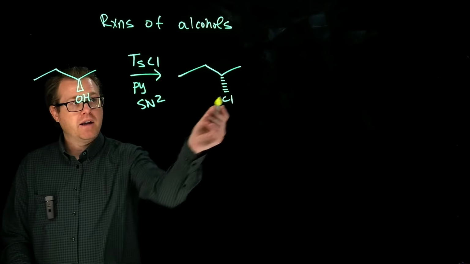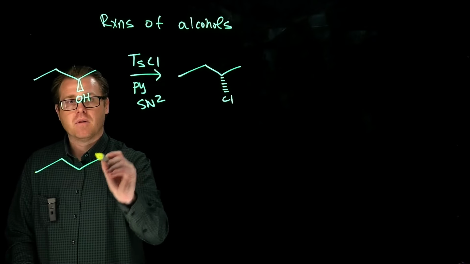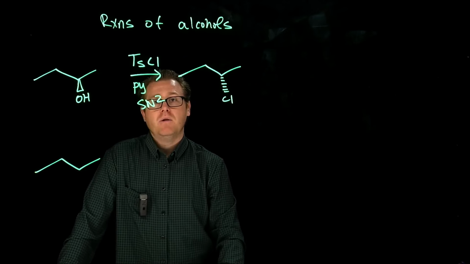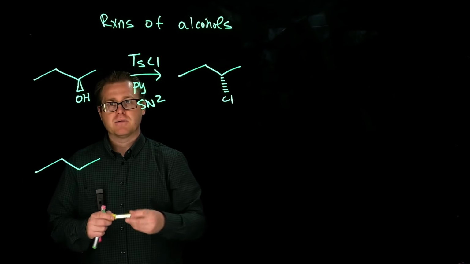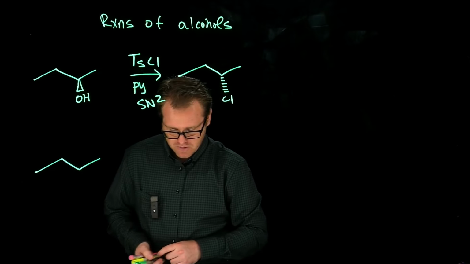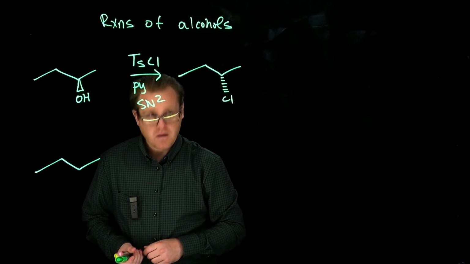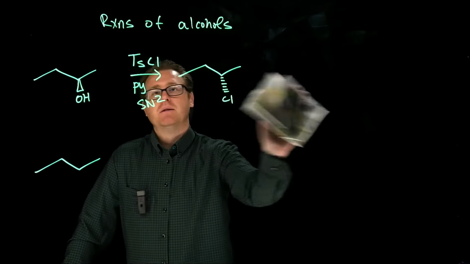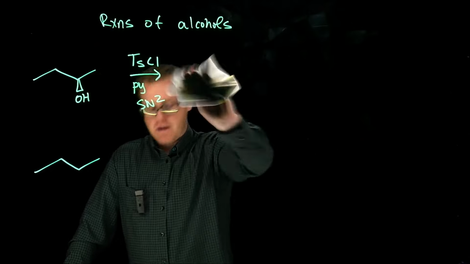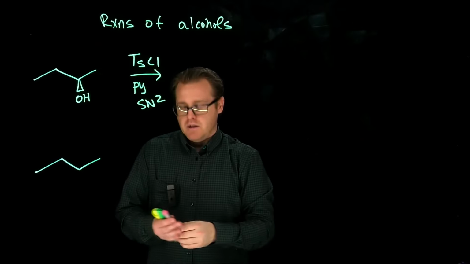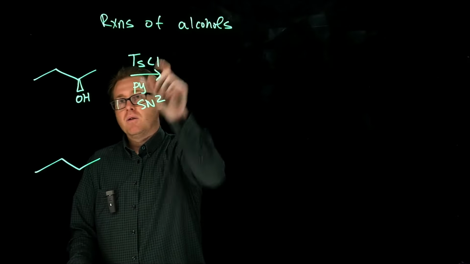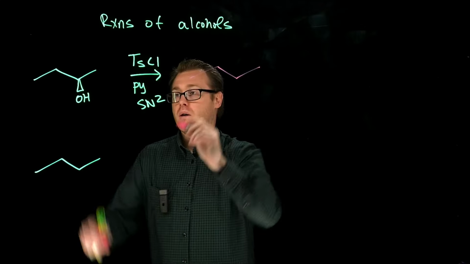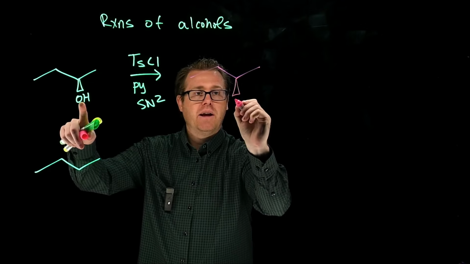What if I wanted to have a bromine? Well, let me show you this stepwise real quick here. I'm kind of missing a step here, so let's do this the right way. The purpose of tosyl chloride right here is to convert your alcohol into a good leaving group.